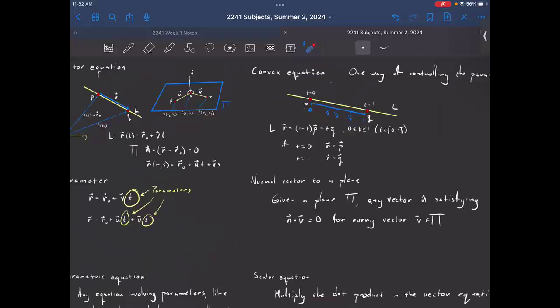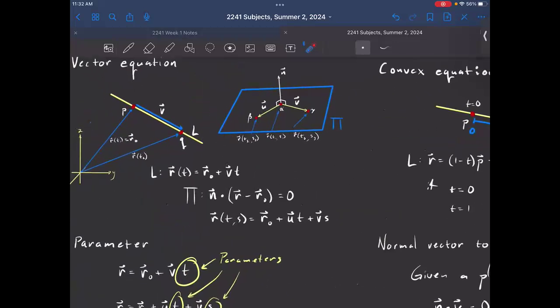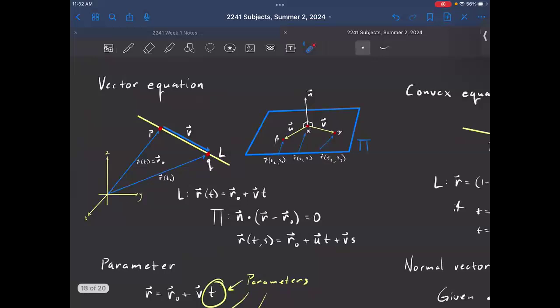So first off, we'll look at the vector equation of lines and planes. So here we have our 3D coordinate system, and we have a line L and a plane pi, capital pi right there. And what I've done is I've drawn some points on L and said, all right, those points correspond to values of the vector function R at different parameters T1 and T2.